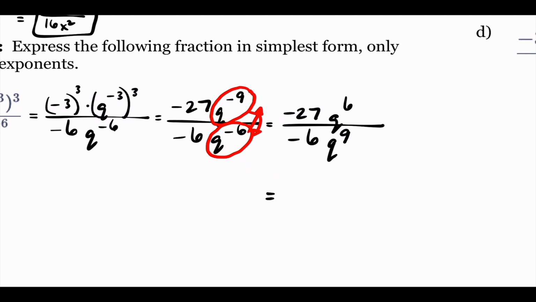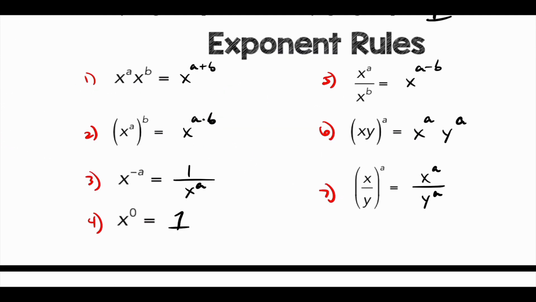Okay. Q to the 6 on top, q to the 9 on bottom. These guys have like bases. What do I do with their exponents? Which rule is that going to follow right there? It's going to follow rule 5, right?